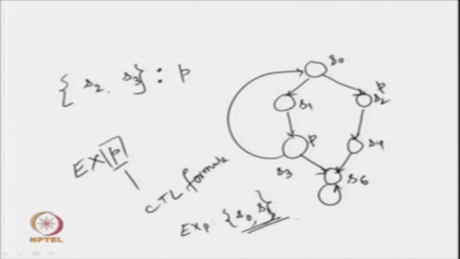The satisfiability algorithm, or that labeling algorithm, will return this set of states S0 and S1, and it will say that in these two states my EX P is true.